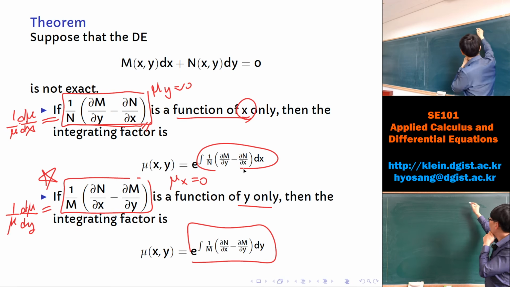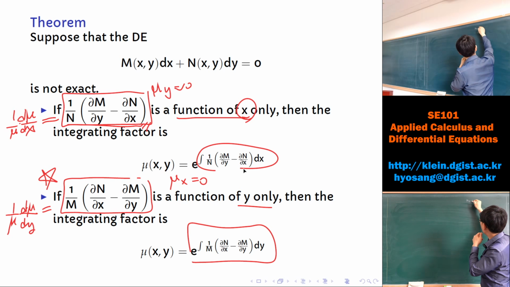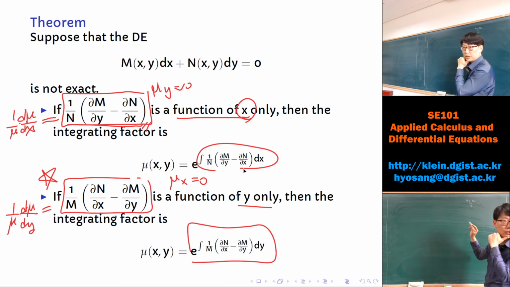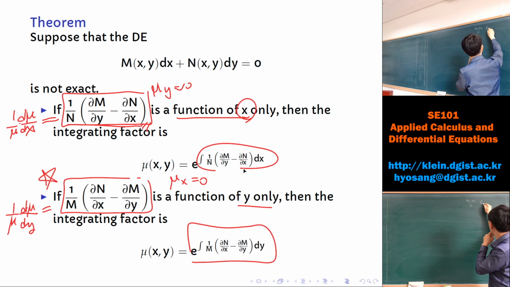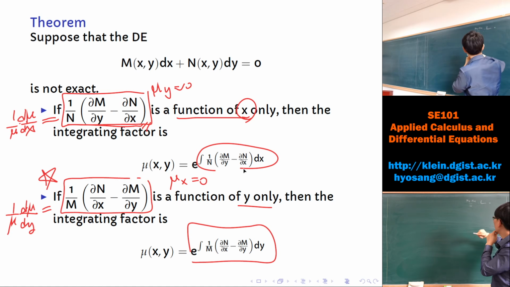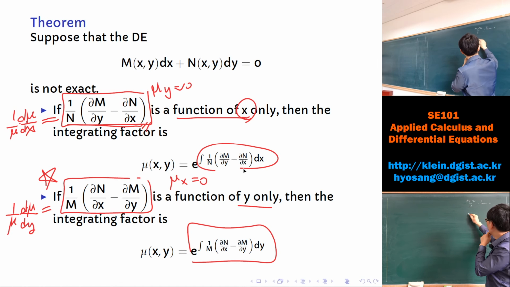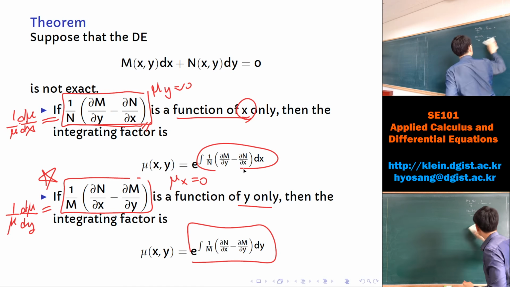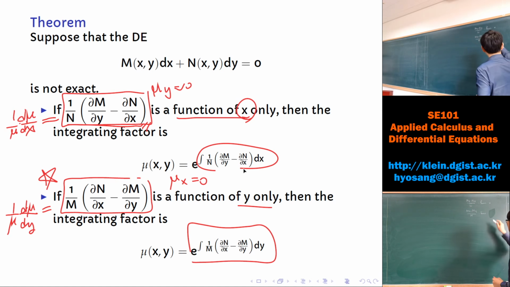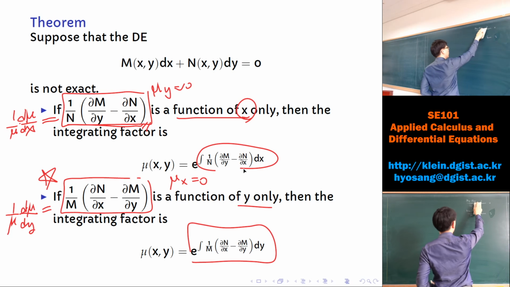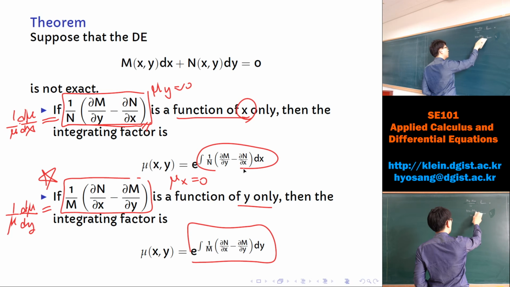So if (my minus nx) over n is a function of x, or (nx minus my) over m is a function of y. So there are two things that we have to check, whether this is a function of x or this is a function of y.